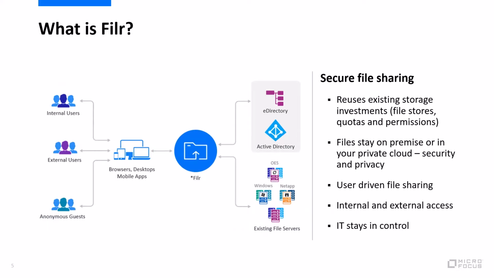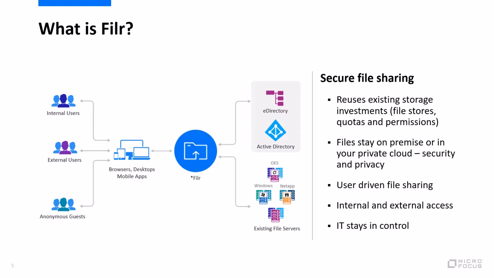So Filr is an appliance or appliances that you can deploy in front of your existing storage, and your users can access that from Windows, Mac, iOS devices, Android devices, browser, and so on.